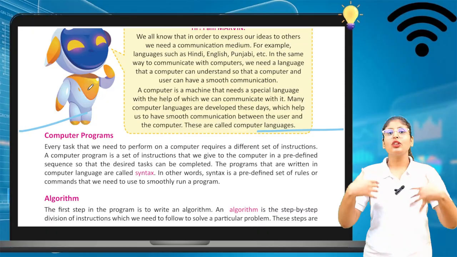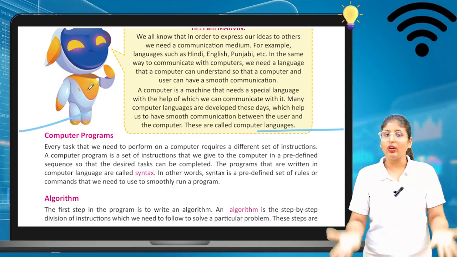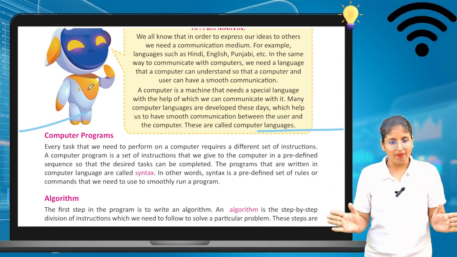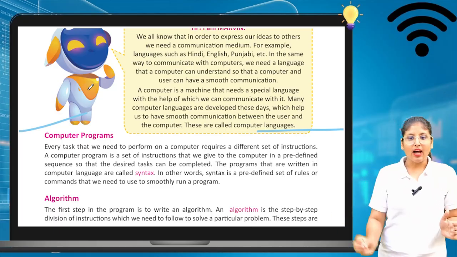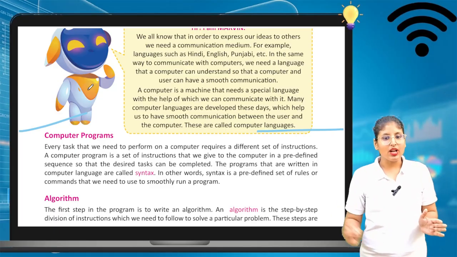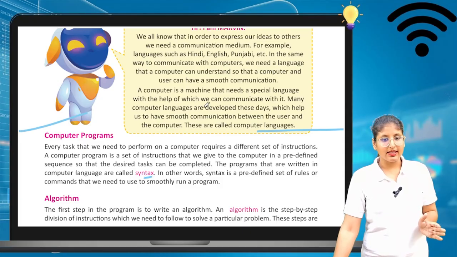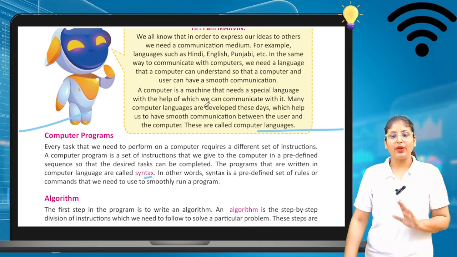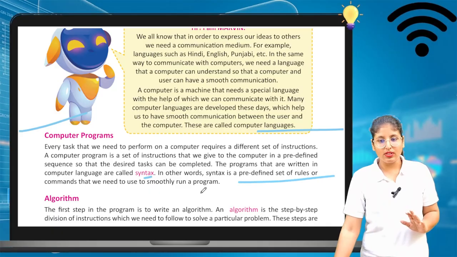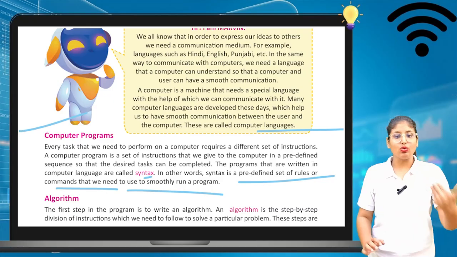Of course, we have to give the computer the instructions, then only can the computer perform. The programs that are written in a computer language follow syntax. Syntax is a predefined set of rules or commands that we need to use to run our program.